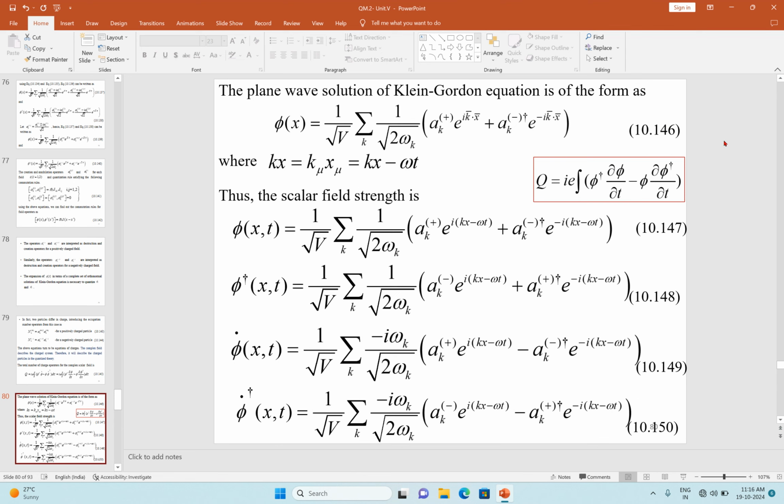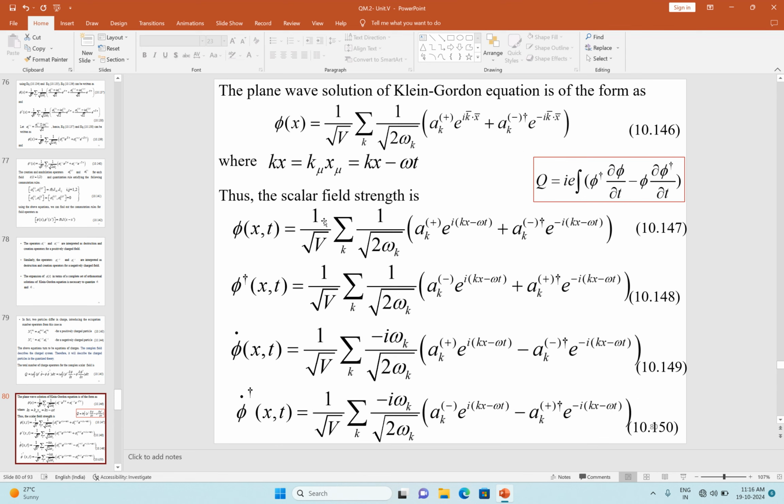As I said just now, phi depends on both x and t, and similarly your momentum density operator also depends on x and t. So your field function phi of x can be written as phi of x comma t. Now we will have to change kx to k·x minus omega t, so wherever you find kx, replace it by k·x minus omega t.